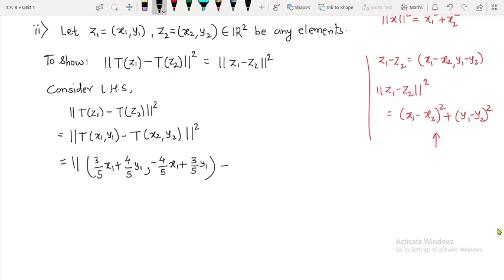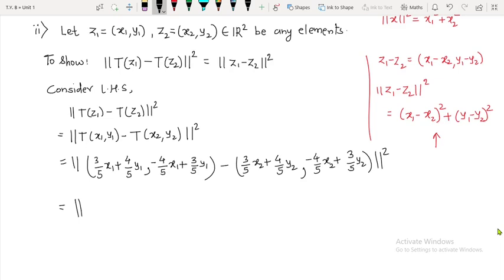Now we'll go for T of (x2, y2), so this will be easier. This is simply 3 upon 5 x2 plus 4 upon 5 y2, comma, minus 4 upon 5 x2 plus 3 upon 5 y2, norm square. Which is further equal to, simple calculations.